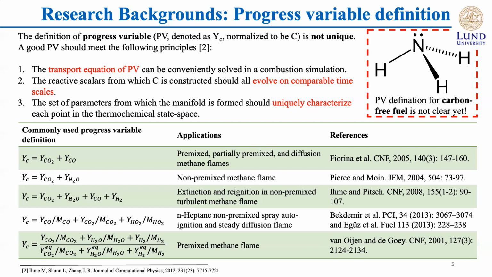For example, ammonia is an important carbon-free fuel which has no carbon dioxide or carbon monoxide in the products. Therefore, it's desirable to have an automatic approach to generate a progress variable for carbon-free fuels.